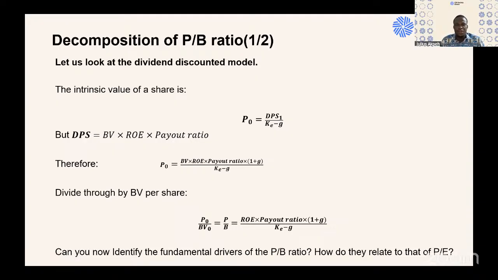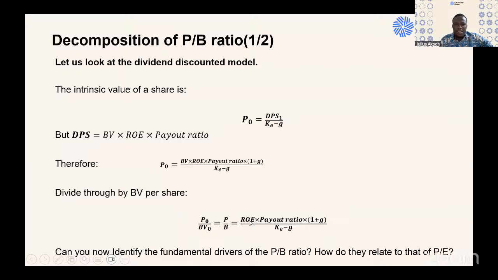Can you still see what is happening here? We have price to book ratio being equal to this. This is so beautiful. Now, let's see whether the three fundamental drivers are still here.